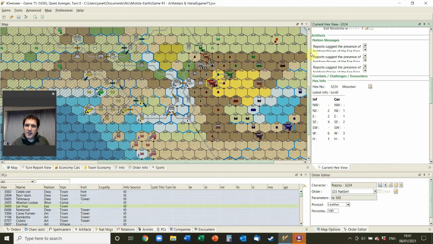Scrolling down, if there are any nation messages that come up relating to this hex, they'll be seen here. Now we've got quite a few in the first turn because in turn 0, if there are any armies or holdings that you've got that appear on other people's maps, it will be flagged up here.